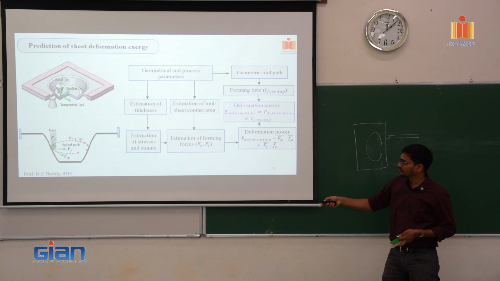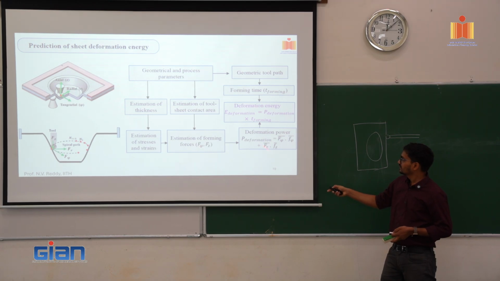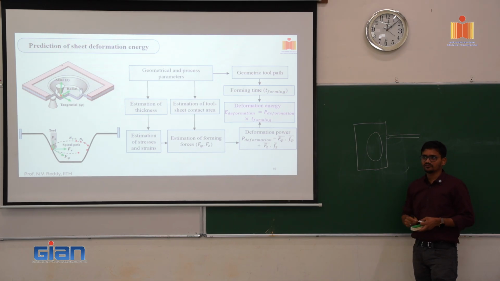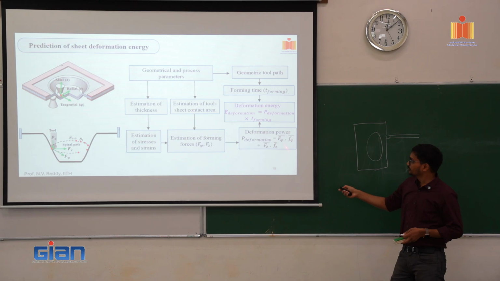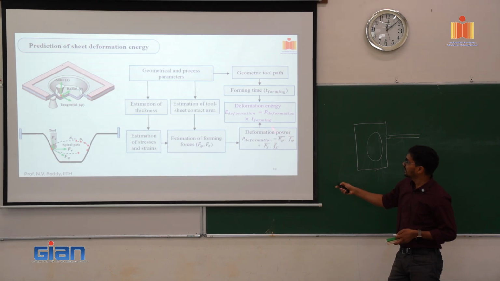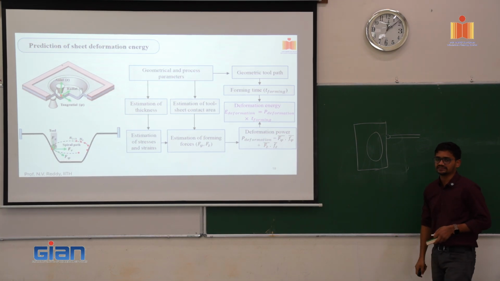You can calculate the force in different directions, and if you know the forces, you can get the power by multiplying the forces with the feed rate. So force times velocity gives you the power, which is the deformation power. Now you know the deformation time, so you multiply the power by the time and you get the deformation energy.